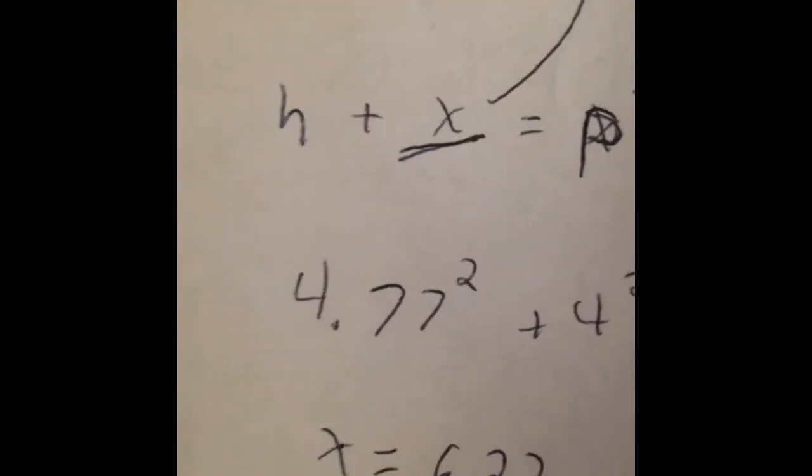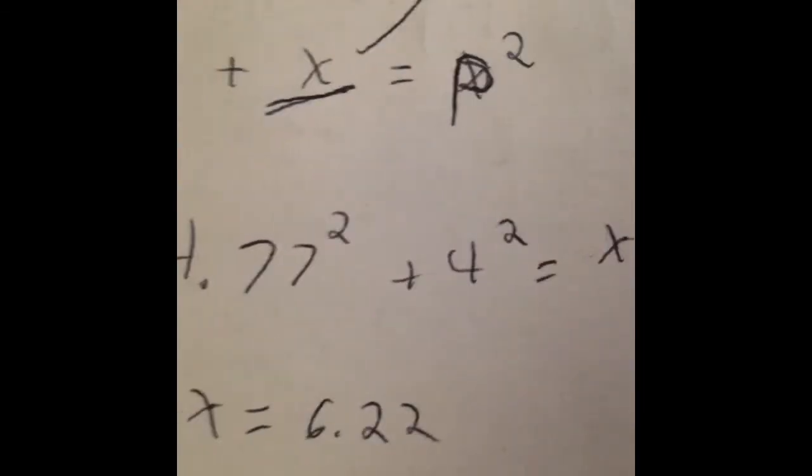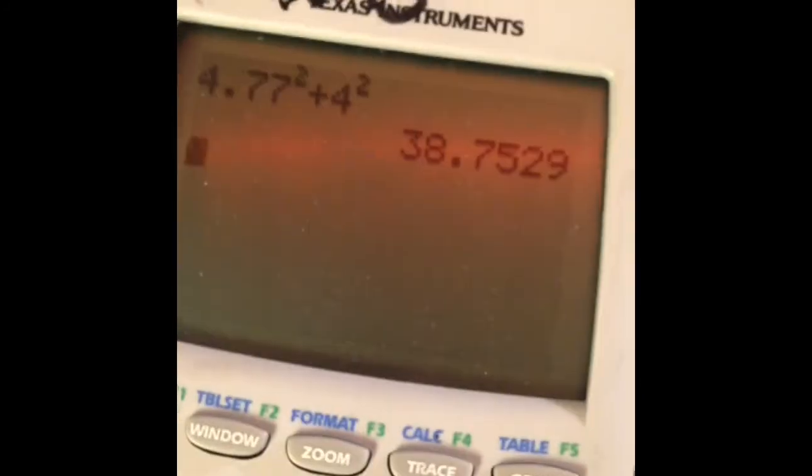Then, because that's squared, you actually have to square root whatever you get between 4.77 and 4 squared. So 38.75 is what we square root. So 38.75, and enter, is 6.22.